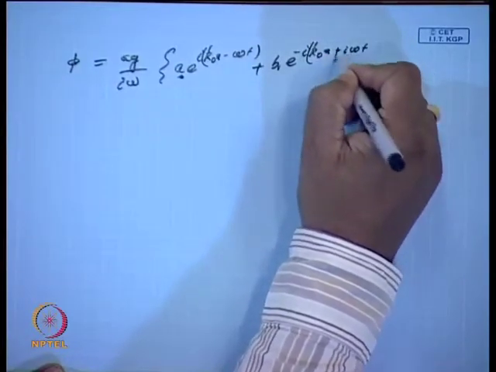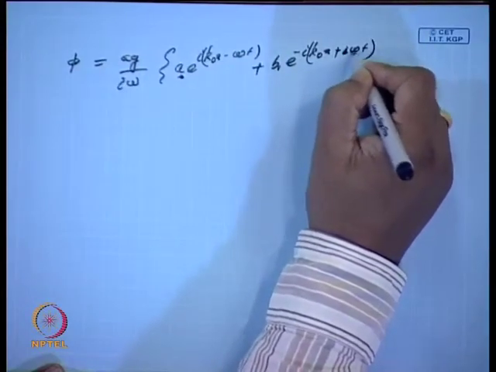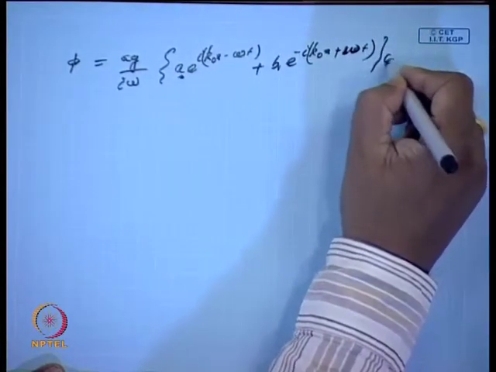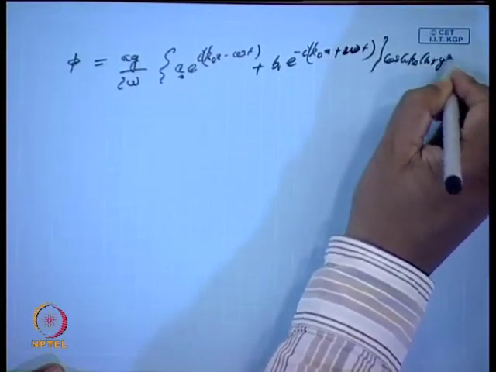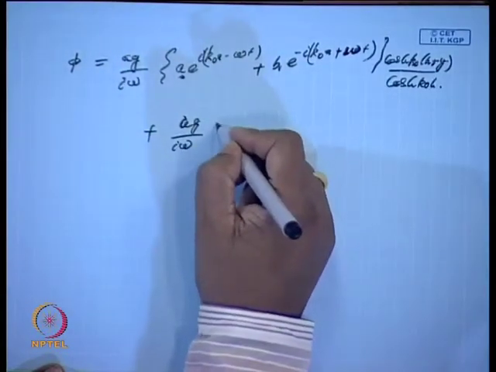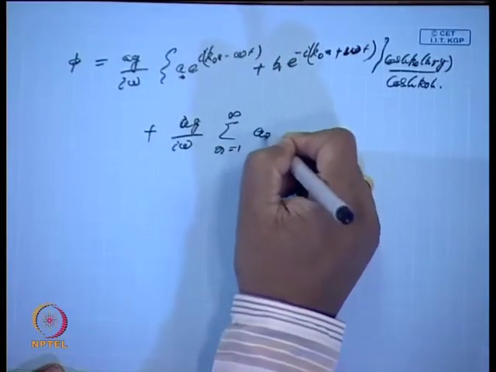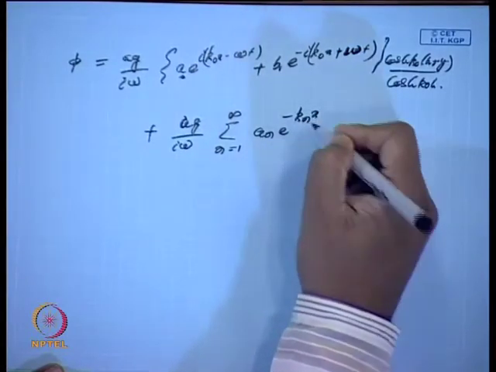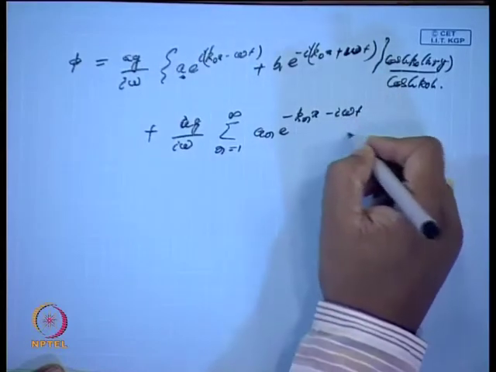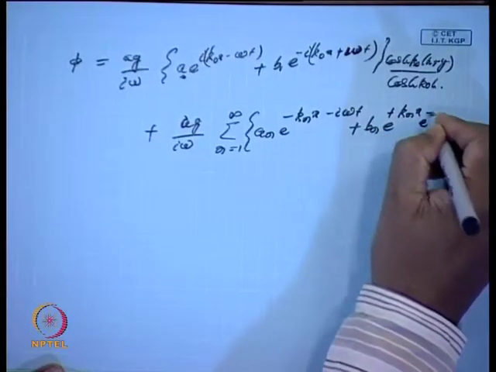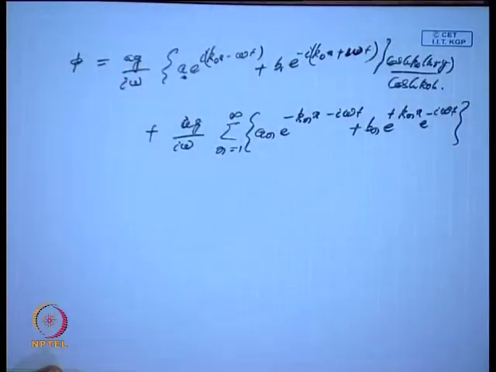If I take minus i common, I will have this. Okay, so this is the general form.